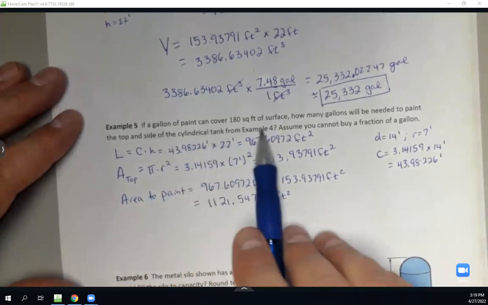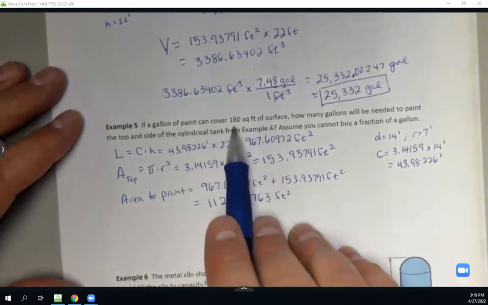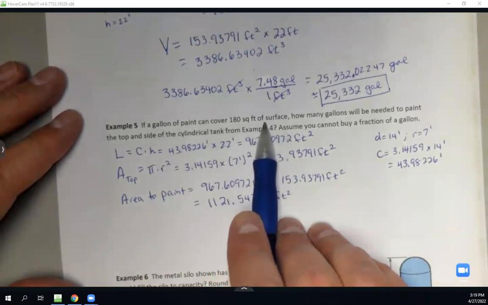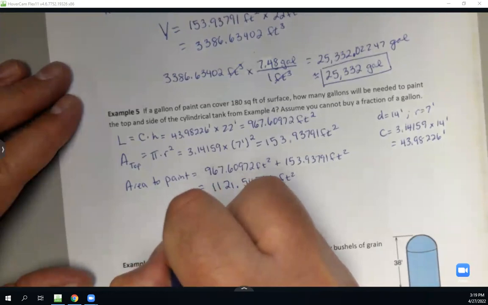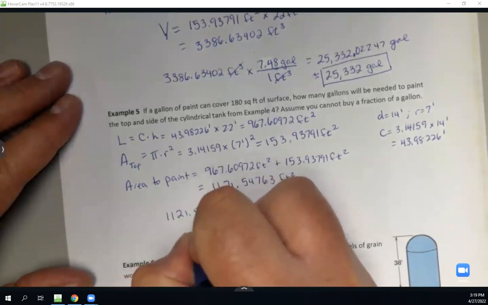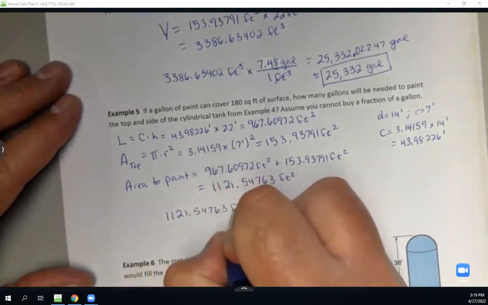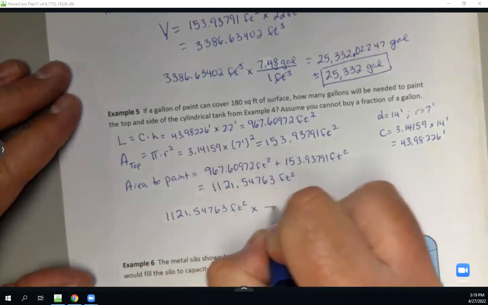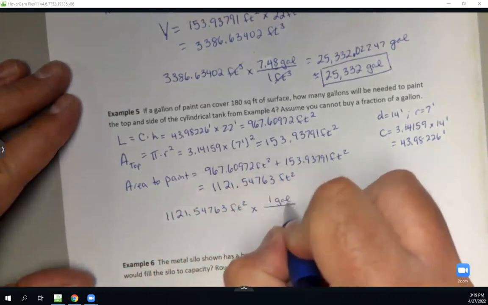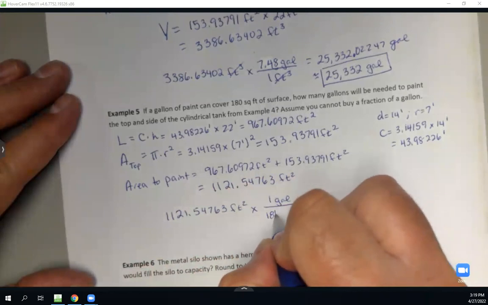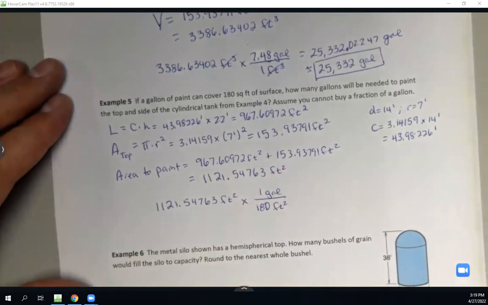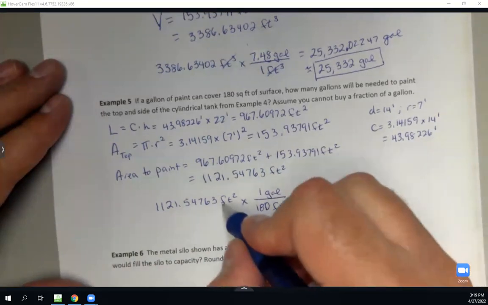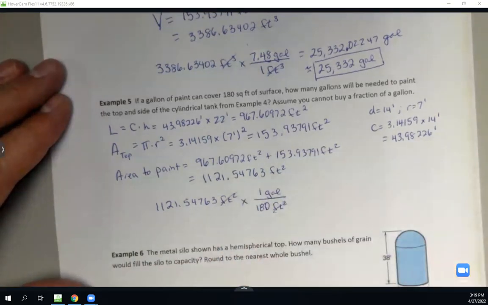Now for the paint that we're going to use, 1 gallon only covers 180 square feet, okay? So if I take the 1,121.54763 square feet, and if 1 gallon covers 180 square feet, you with me? Then really what I'm going to do is divide by 180.